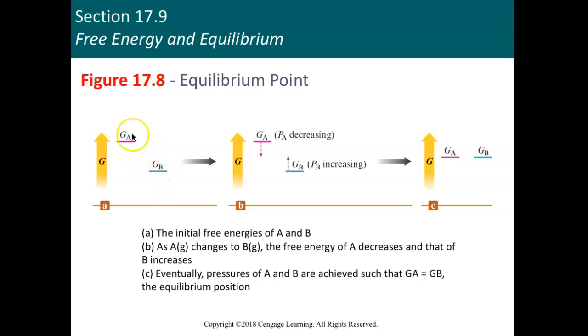Why is that? Because the pressure of gas A is going to decrease as it decomposes. The pressure of gas B is going to increase as it's formed. Eventually, you'll get to a point where the free energies are the same, and that point is equilibrium. And at that point, the pressures are also going to be the same.